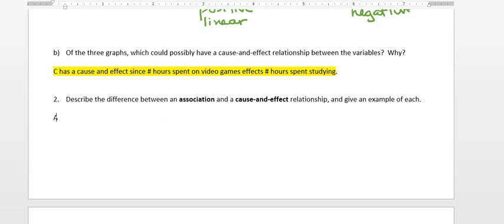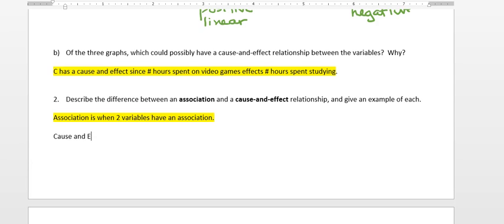So an association is when two variables have an association, and the example I used is the example they gave, which was the husband and wife. There's an association. Younger men probably marry women roughly around their same age.